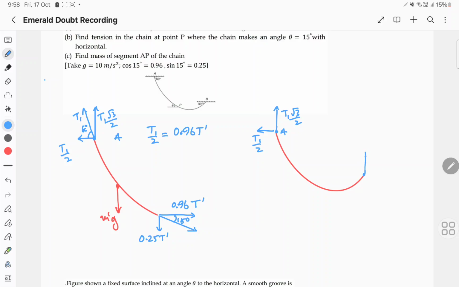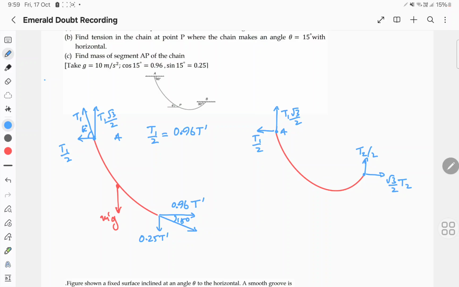So it will have vertical and horizontal component. The horizontal component this time will be root 3 by 2 T2 because the angle is given 30 degrees over here. I have not drawn 30 degree, and hence I am not making that. And the vertical will be T2 by 2.